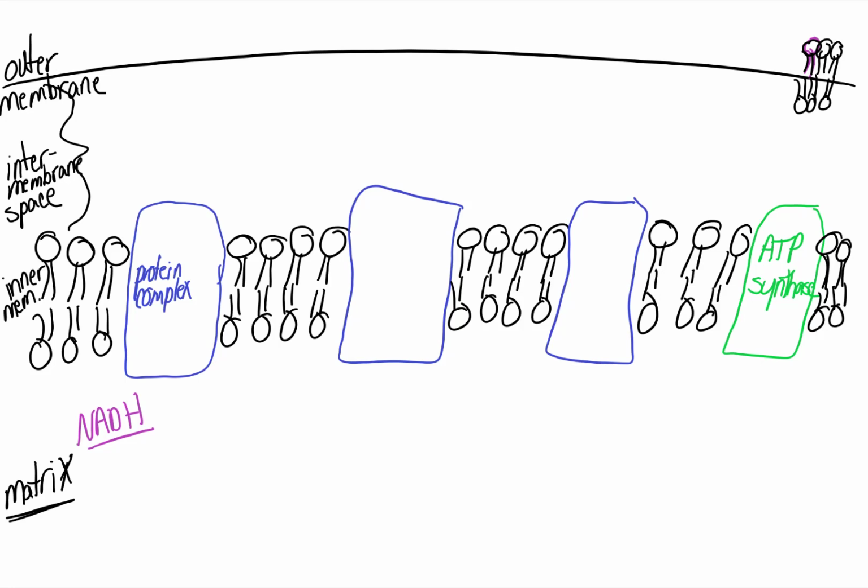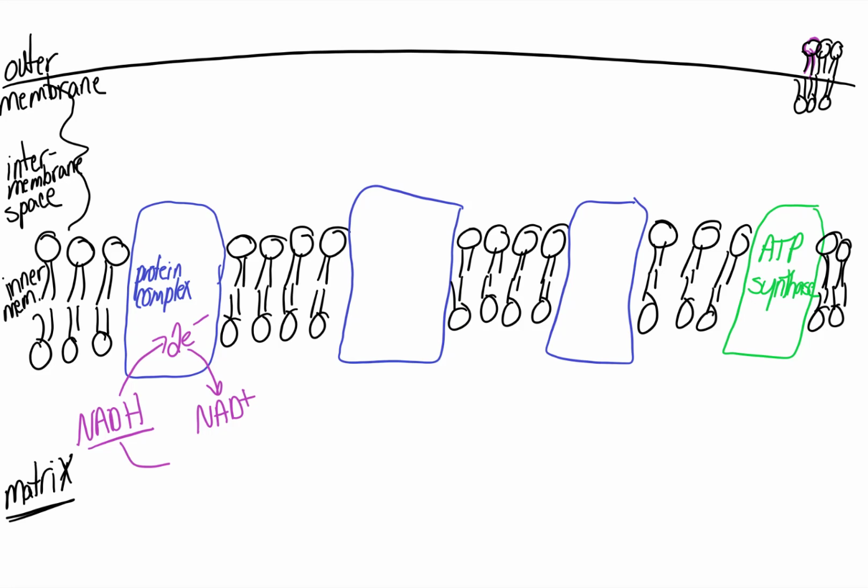And so NADH is going to drop off the 2 electrons that it's carrying to the first protein complex. By dropping off those 2 electrons, NADH has become oxidized, it has lost its electrons, and goes back to the form of NAD+.